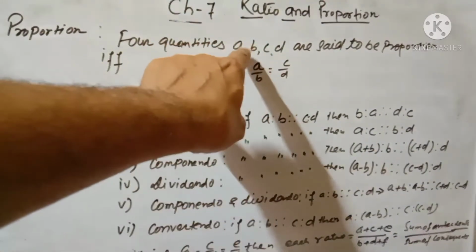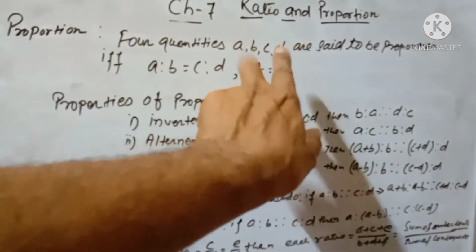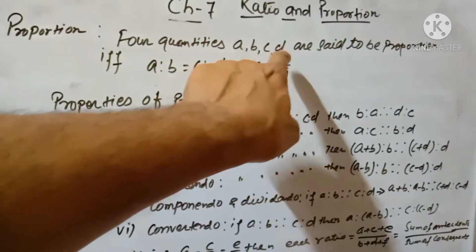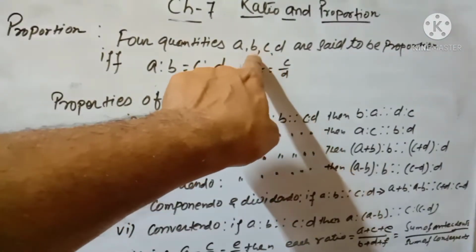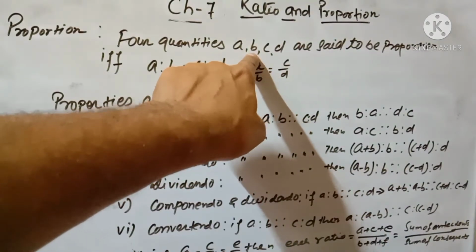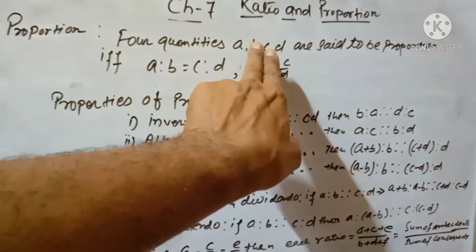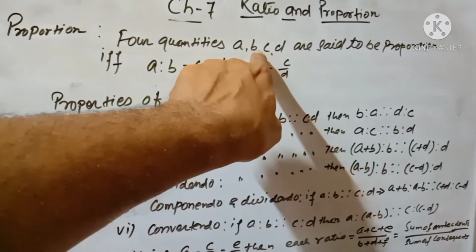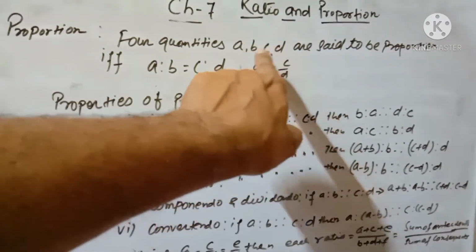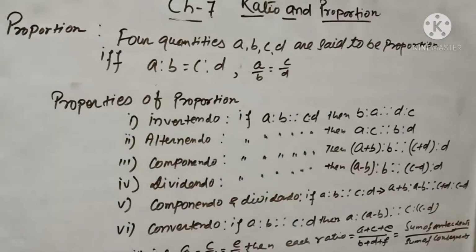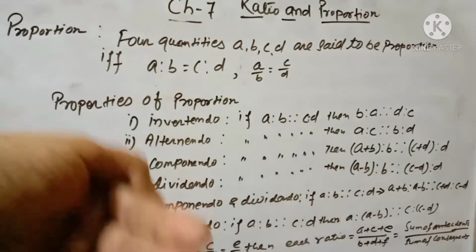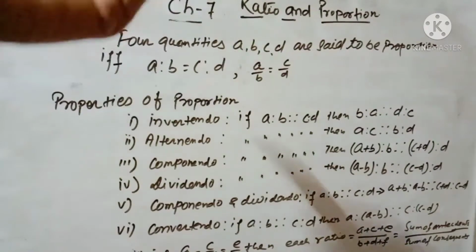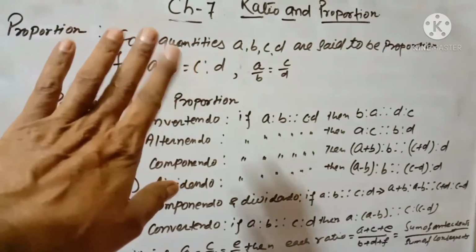Remember, a and d are your first and fourth proportional, so they are called extremes. b and c are your second and third, so together they are known as the means: product of means, and a and d is the product of extremes. We know what is meant by first proportional, second proportional, third proportional, and mean proportional; you know how to find them.